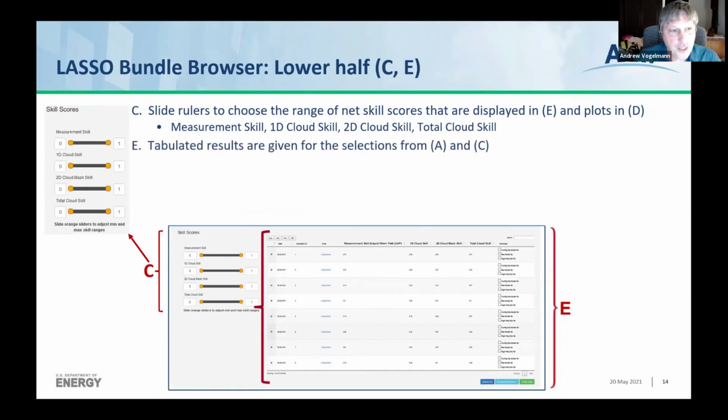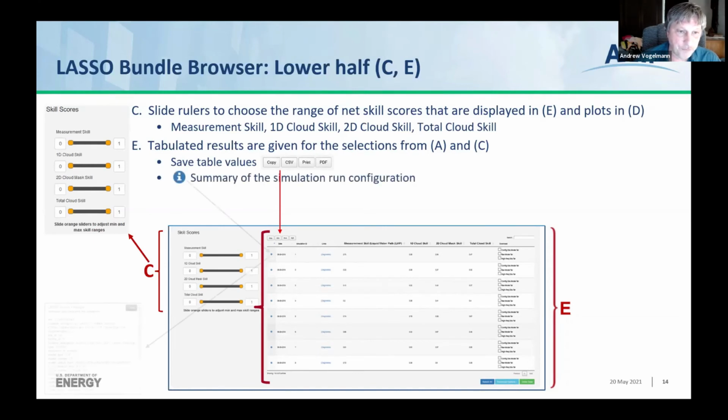Very quickly, the tabulated results in this section, on the right-hand side, give a lot of information. Again, remember that these are going to be updated depending on what choices you made for A and for the skill scores in item C above. First, you can save the table values. That's basically at the top of the page there.